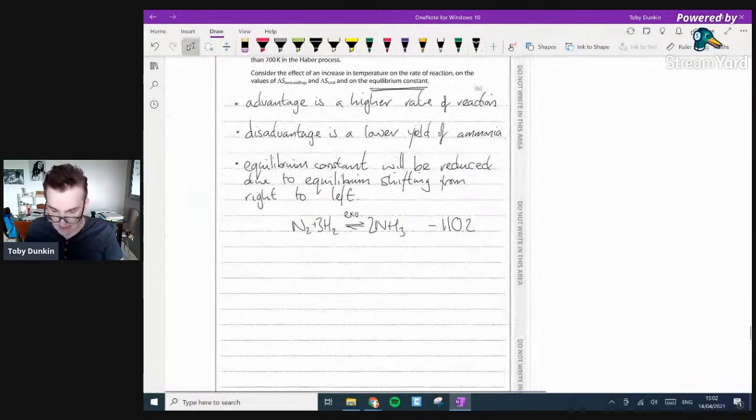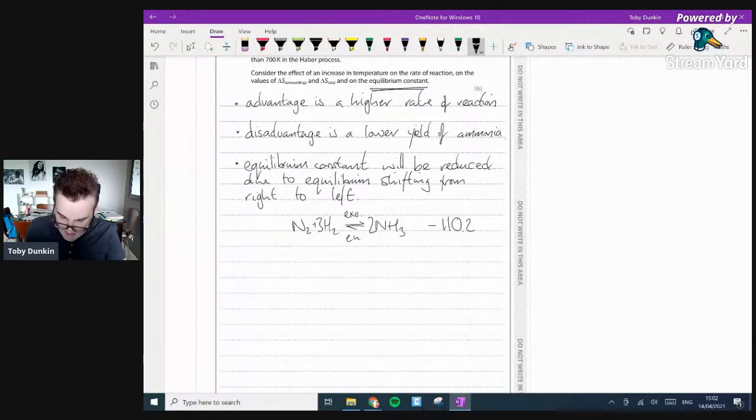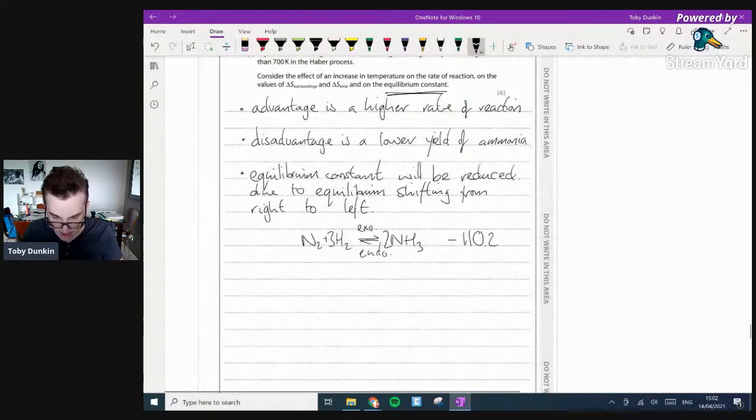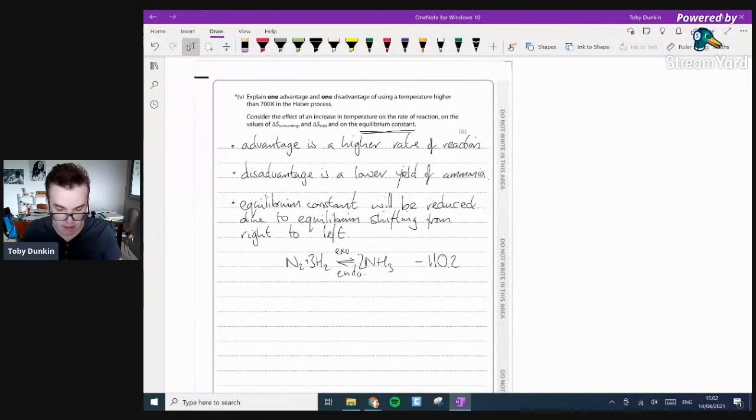So if you raise the temperature, would you add the phrase making industrially viable? I saw that in a mark scheme, and why perform the reaction at the higher temperatures? I'll come to that in a minute, Winkit. Industrially viable. Funnily enough, 700 Kelvin is pretty much exactly what they use.